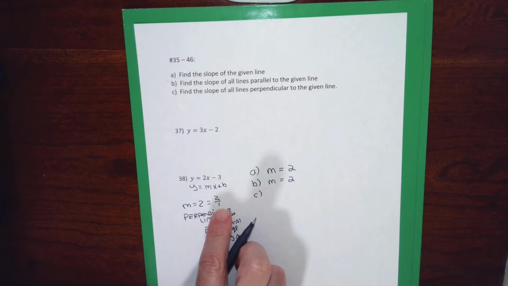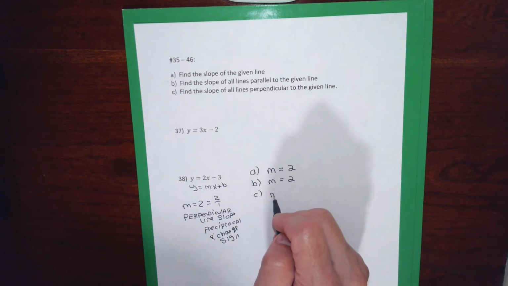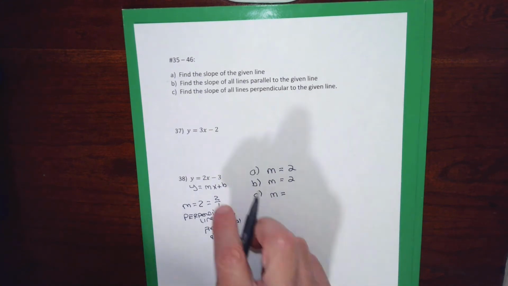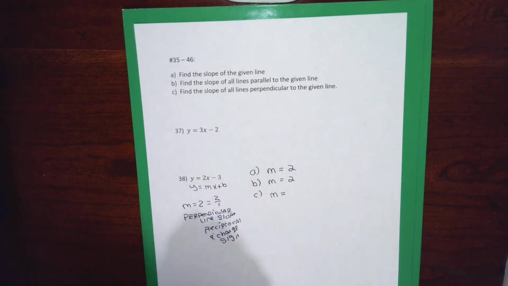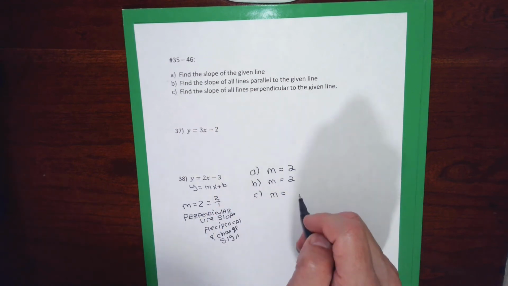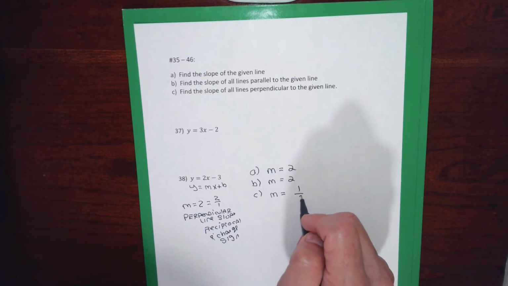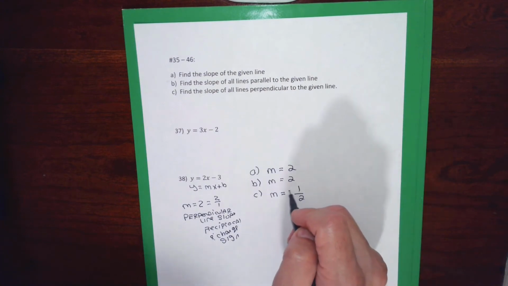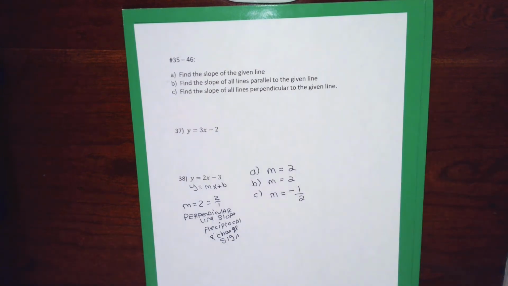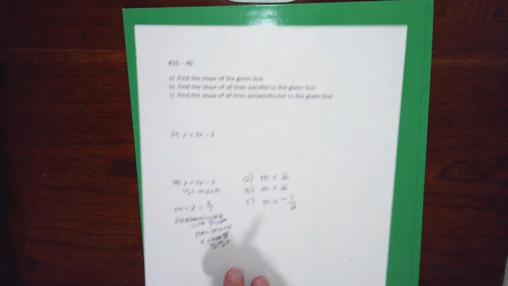The given slope is 2, which is 2 over 1. The reciprocal of 2 is 1/2. But a perpendicular line doesn't only have to have a reciprocal, it has to have the sign changed. So my given line had a slope that was positive, the perpendicular line is going to have a slope that's negative, and I took the reciprocal.